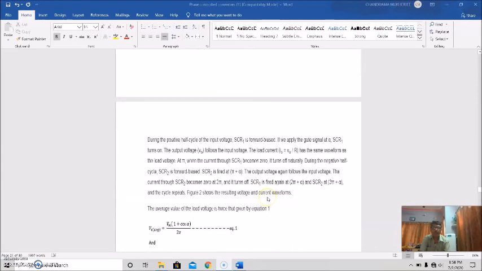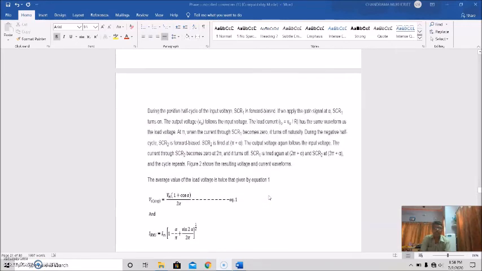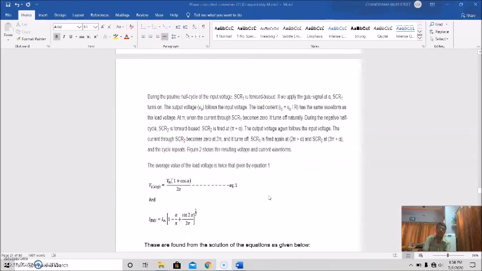Now during operation, during the positive half cycle of the input voltage, thyristor 1 is forward biased, and if we apply a gate signal at alpha, thyristor 1 turns on, the output voltage follows the input voltage, and the load current I0 equal to V0 by R has the same waveform as the load voltage.